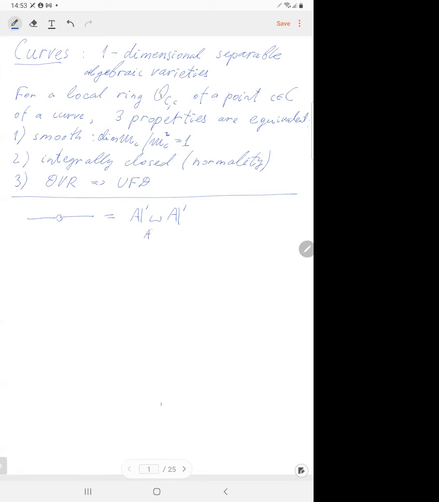Yeah, and today we will encounter this and other examples many times. So it was a very appropriate question. So it's inseparable. Curve. Well, according to our terminology, it's not a curve, but sorry, one-dimensional variety.